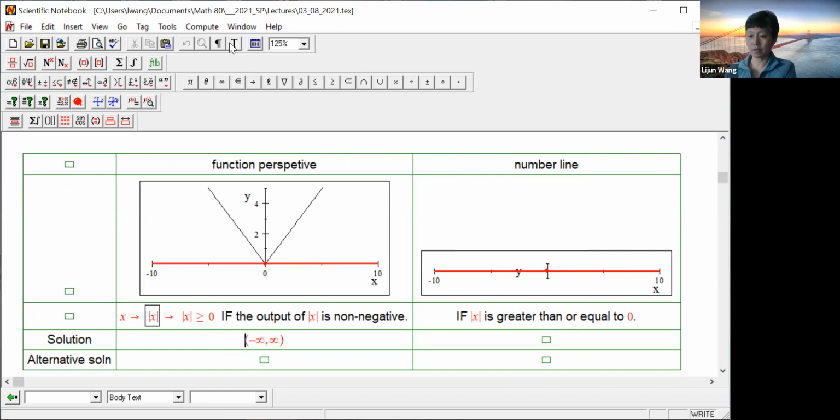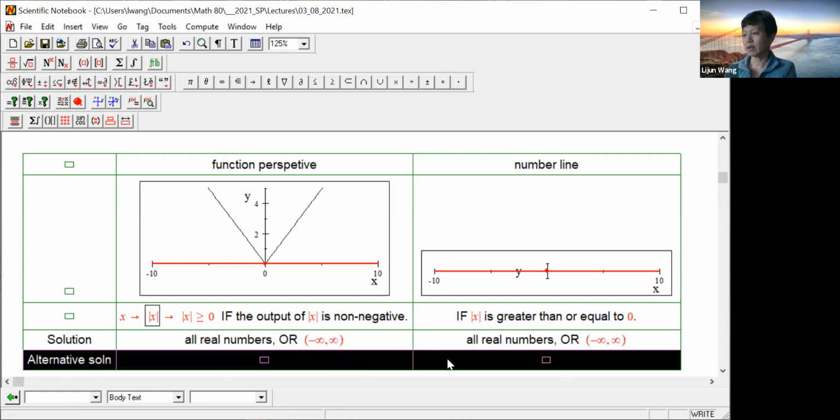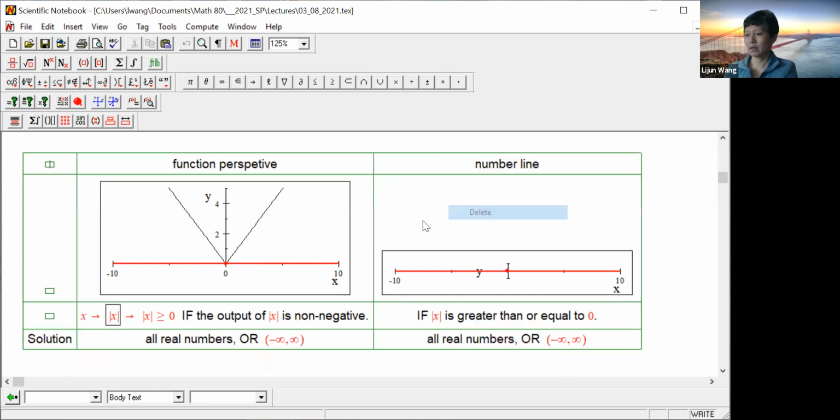If you want to use words, that's not a problem: all real numbers. In this case, there's no inequality form for it. So either use words or use interval. So the solution in this case is all real numbers, because all the output, no matter what the input. Remember when we talked about the domain and range for absolute value of x?